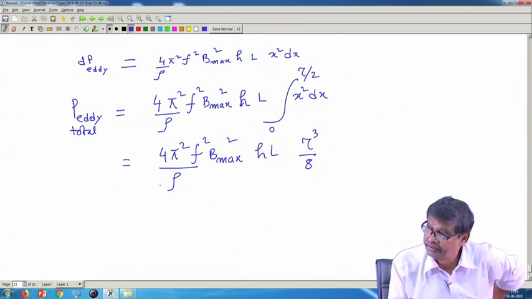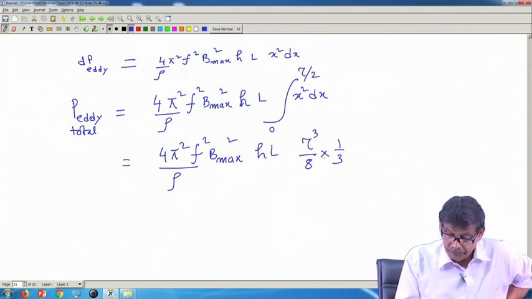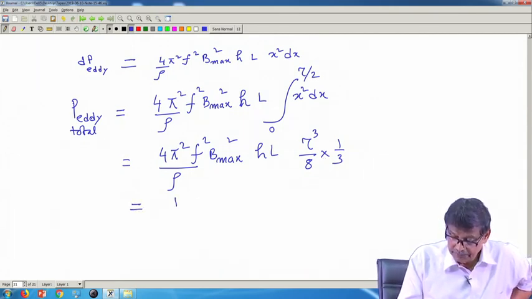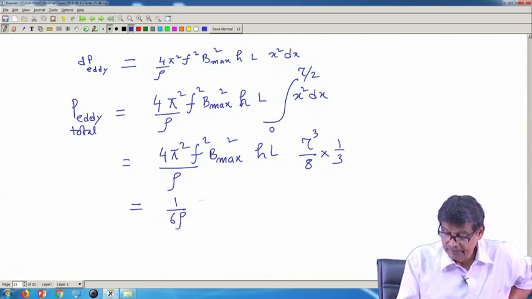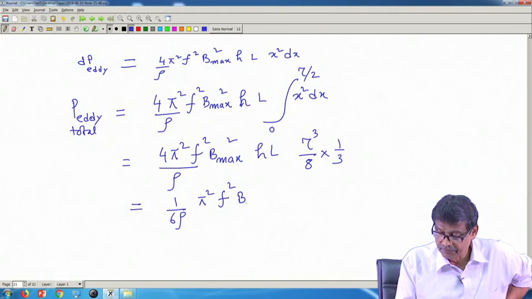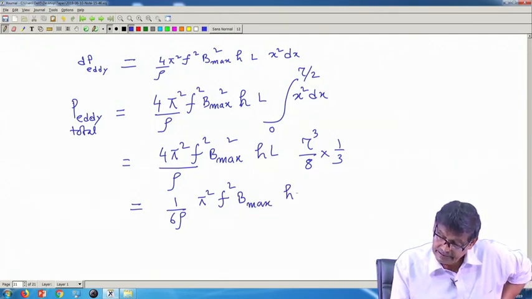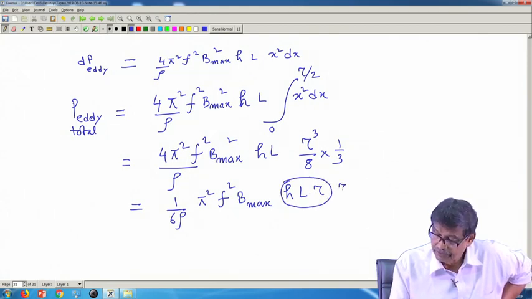Into 1/3. So, this is 1 by 6 rho pi square f square B max square H L tau cube, which I will write as H L tau into tau square.